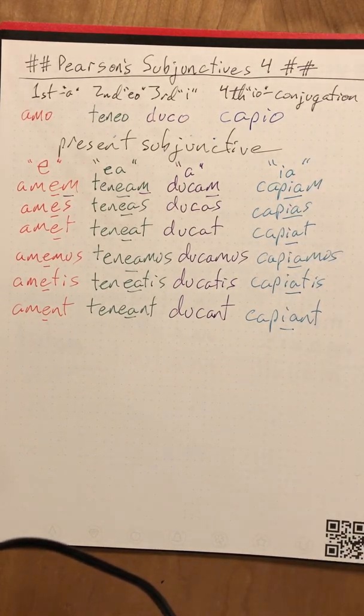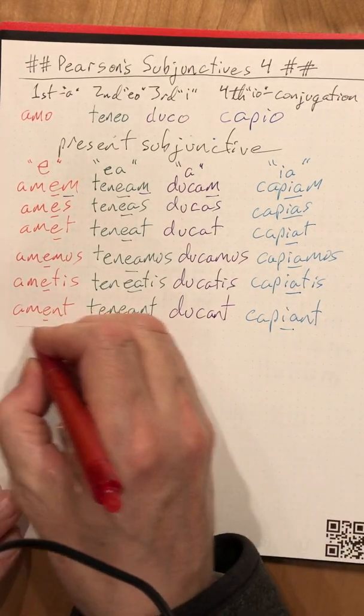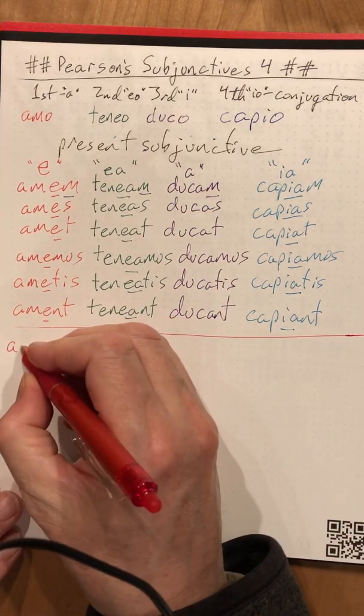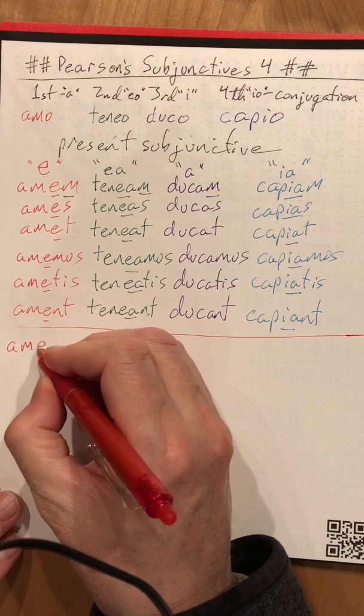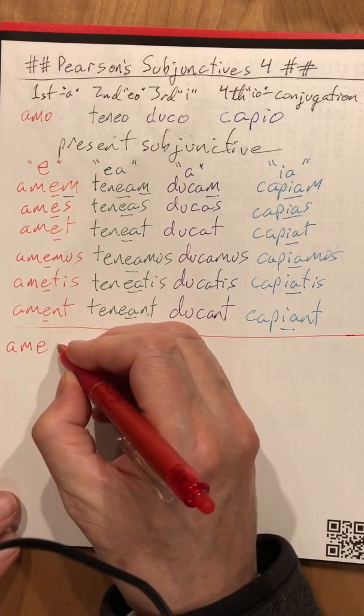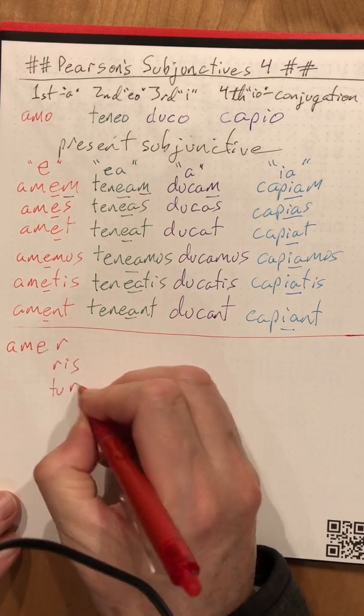Now, if we were to do this all in the passive, I'm not going to do all of them, but you'll get the pattern here. Passive: we're going to put the stem, the vowel, and then the passive ending: r, ris, tur.